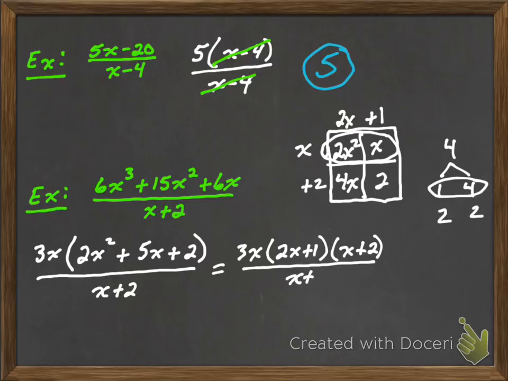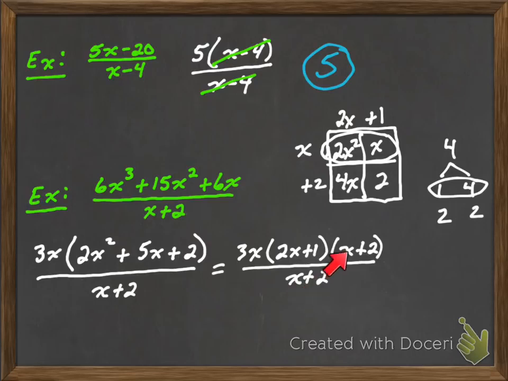over x plus 2. So in the numerator we have 4 factors. We have the 3, we have the x, we have the 2x plus 1, which would only cancel with another 2x plus 1, and we have the x plus 2, which only cancels with another x plus 2.